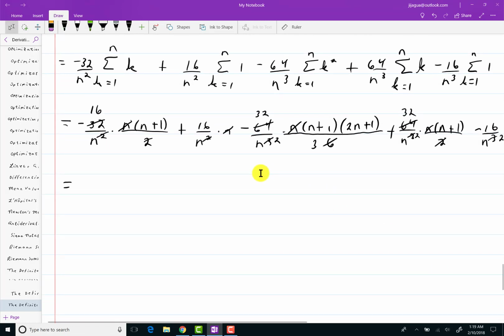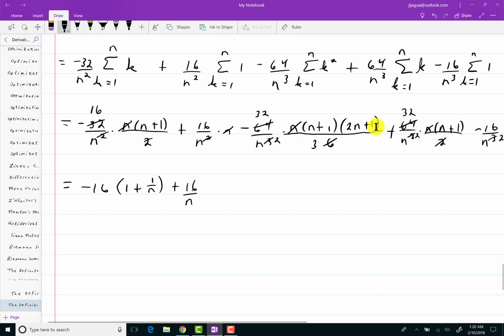Remember, one of the things I do with my n is I put it under the n plus 1. So this first piece will be negative 16 times 1 plus 1 over n. Then I have plus 16 over n. Now I have an n squared. Remember, I evenly distribute the n squared between the n plus 1. One n goes under the n plus 1, and the other n goes under the 2n plus 1.